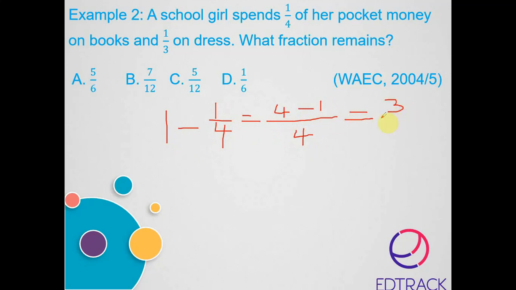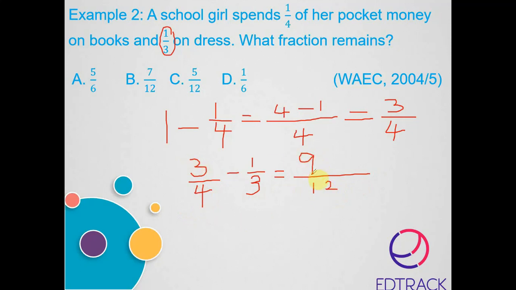After we take away the money she spent on books, she has 3 over 4 left. Then she also spent 1 over 3 on dress. So from this 3 over 4 that we have left, we have to take away 1 over 3. The LCM of 4 and 3 is 12. 4 in 12 gives 3, and 3 times 3 is 9.